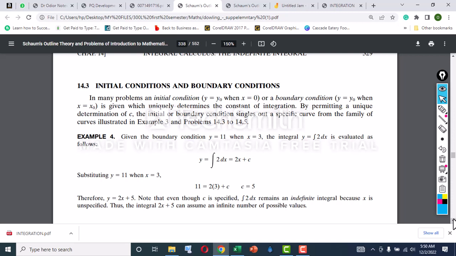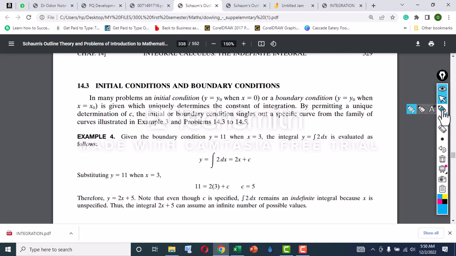Remember that in the past when we have been finding integration, we have just been saying plus C, since we don't know what C is. C can be 3, C can be 10, C can be 100, but there's no way we can discover what C is. But with an initial or a boundary condition, we can actually know exactly what C is, and we'll be able to put it in our integration solution.